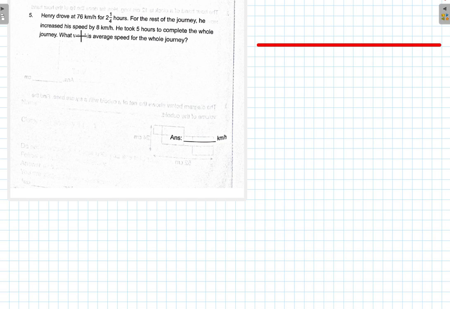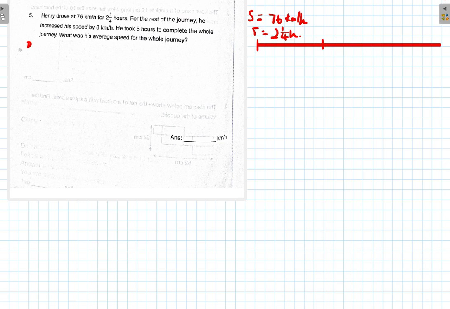Henry traveling at 76 km/h for 2 1/4 hours. So here to here is about 76 km/h. So time is what? This is the speed, and time is 2 1/4 hours, correct?